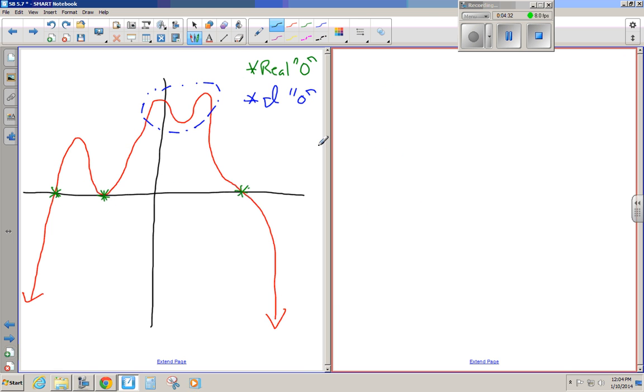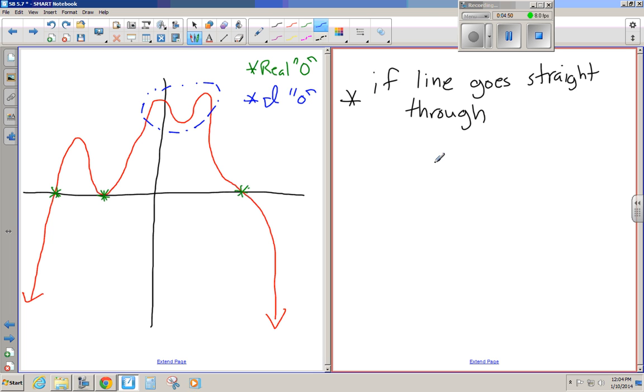And there's a few more things you can add to this. If the line goes straight through, we're going to say then it is 1 zero.